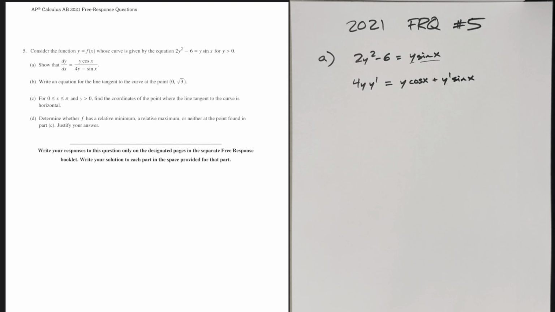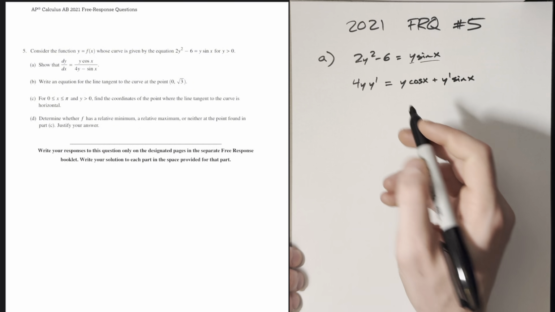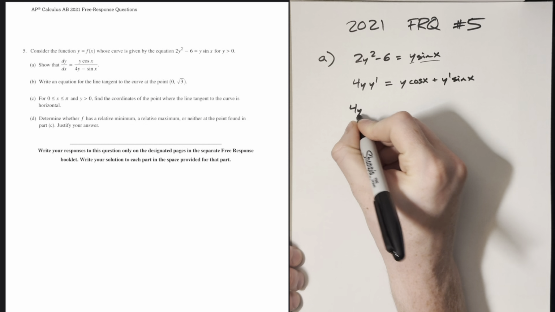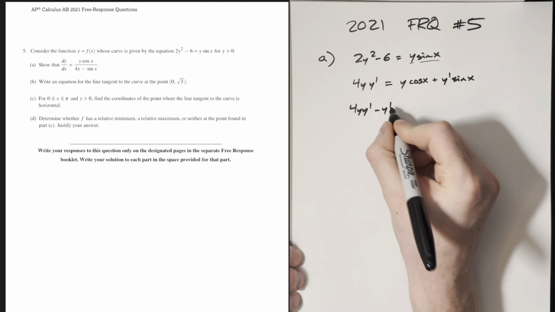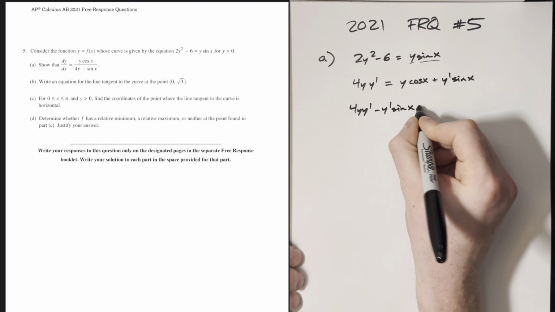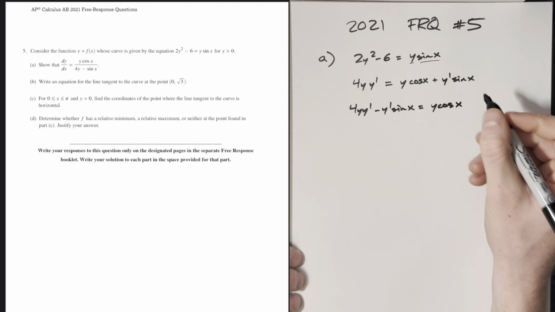And now to solve for dy/dx, I just need to isolate y prime. So I'll subtract over this y prime sine x. I'll get 4y y prime minus y prime sine of x equals y cosine x.